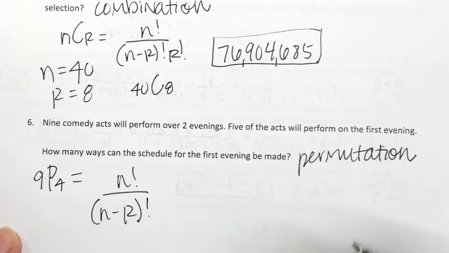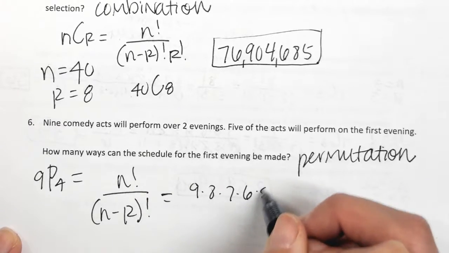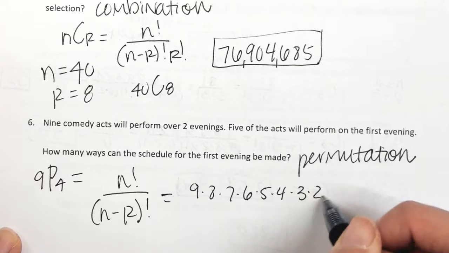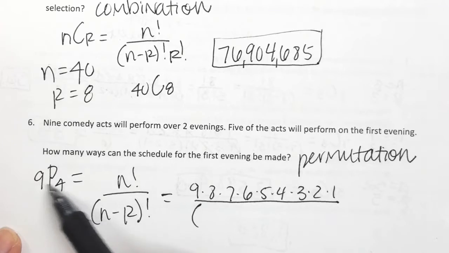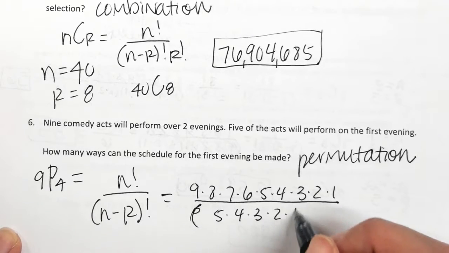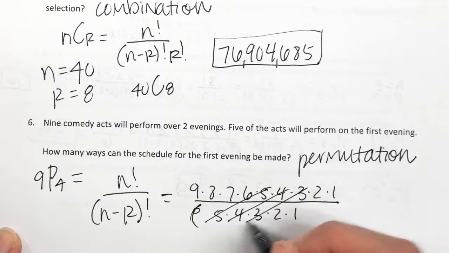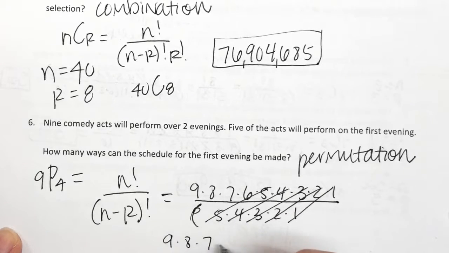I'm going to write this one out. So this will be 9 times 8 times 7 times 6 times 5 times 4 times 3 times 2 times 1 over, and then n minus r, so 9 minus 4 would be 5 factorial. So we would really calculate 9 times 8 times 7 times 6.